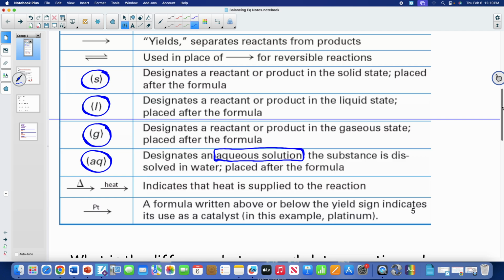Some things just won't react if you don't heat them up. And then if you see a chemical symbol, so this is just an example, it doesn't always have to be platinum, right? If you see a chemical symbol written above the arrow, that means that substance is being used as a catalyst. Platinum just happens to be a pretty commonly used catalyst.